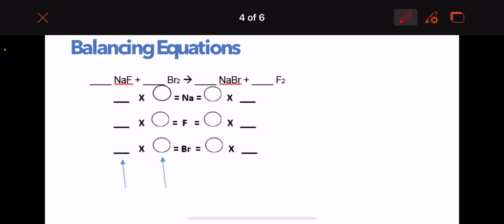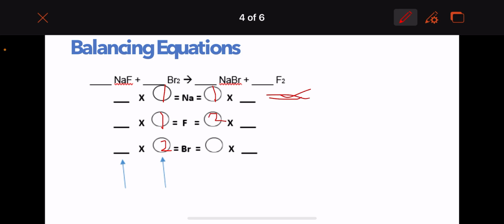So on the reactant side on the left, I have 1 sodium, 1 fluorine, and 2 bromines. I know I have 2 because there's that subscript there. On the product side on the right, I have 1 sodium, 2 fluorines, see that?